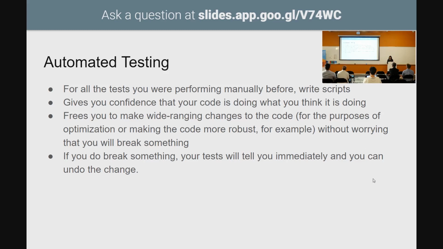It gives you the confidence that your code is doing what you think it is doing, and then you can free up your time to focus on the science as opposed to worrying about changing something so that it doesn't break your code again. And if you do break your code, your test will tell you immediately that this is broken so you can fix that.